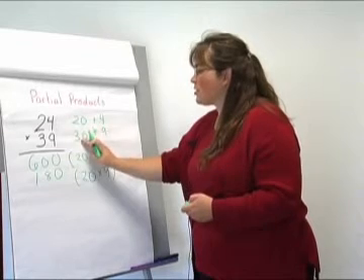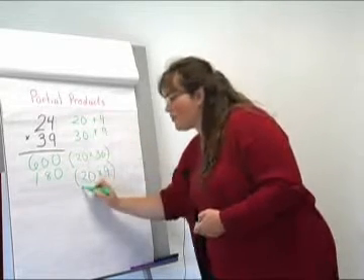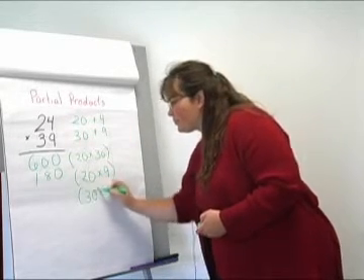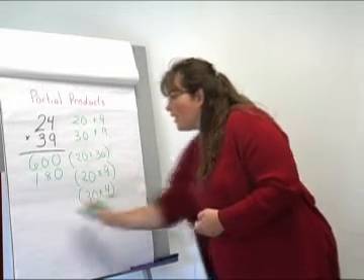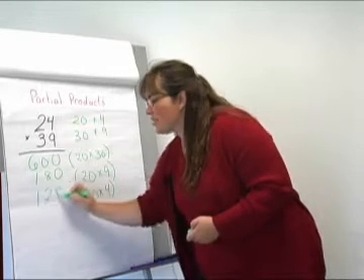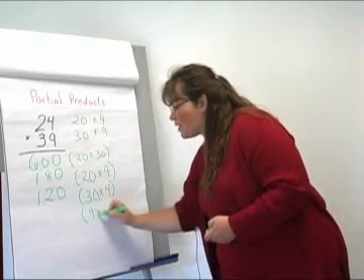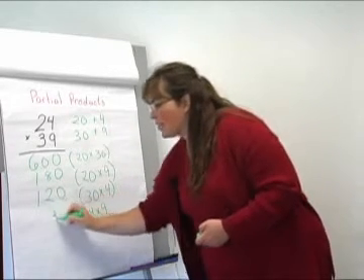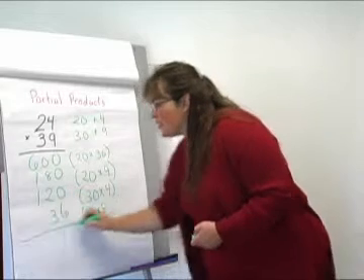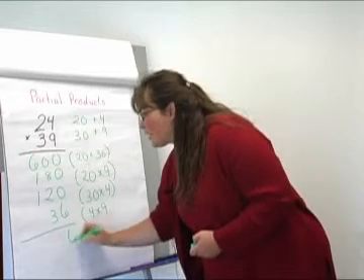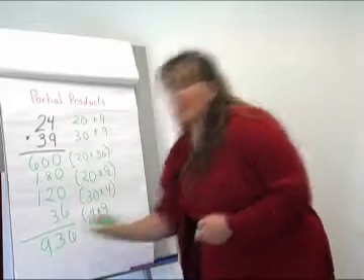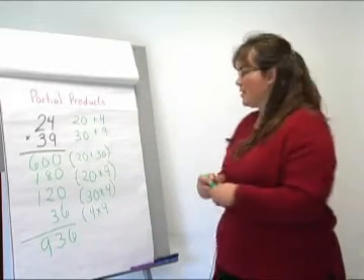Then they're going to multiply the 30 times 4 and get 120. And then they're going to finally multiply 4 times 9 and get 36. When they add it all up again, they get 936.